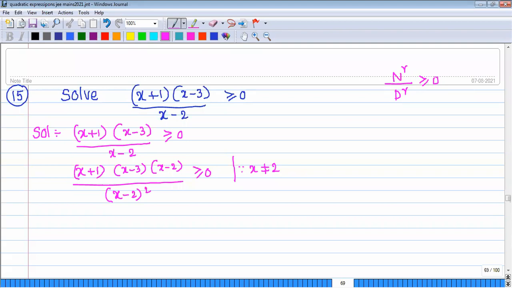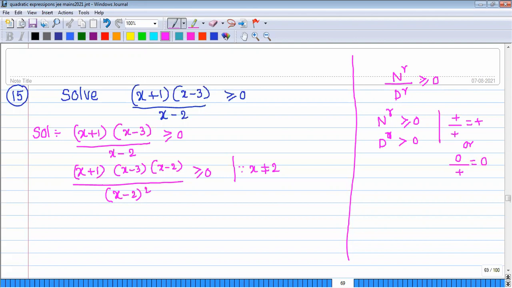This happens if and only if in two cases. The numerator must be greater than or equal to 0 and the denominator must be greater than 0 only. Positive divided by positive gives positive, or 0 divided by positive gives 0, greater than or equal to 0.